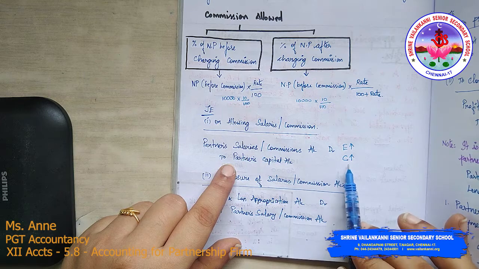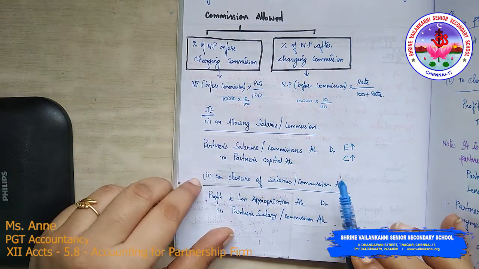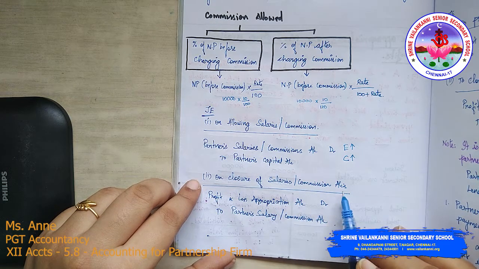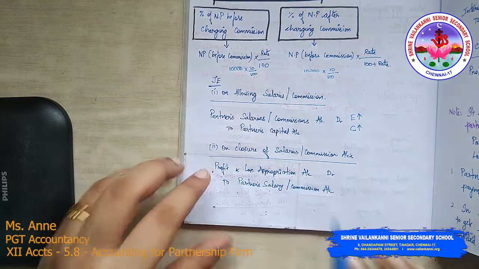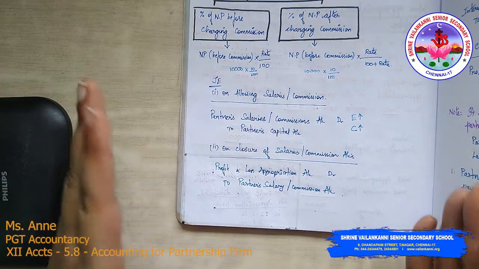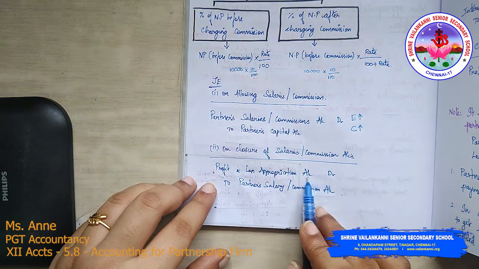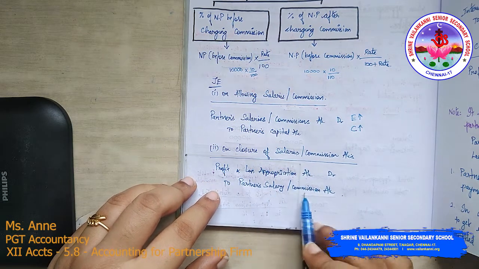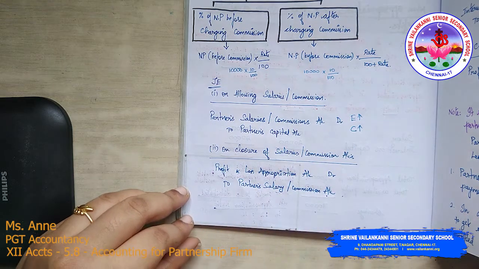Partner's capital account will increase, that's why you are crediting it. And next one, on closure of the salaries commission account, if it is an appropriation account, you need to debit it to the P&L appropriation account. So P&L appropriation account debit to partners' salary or commission account. So this is the journal entry for this.